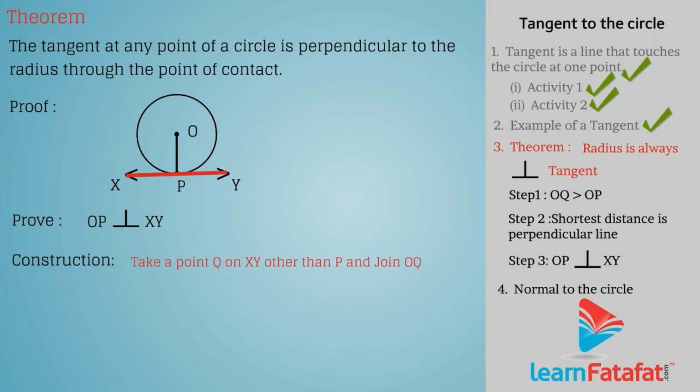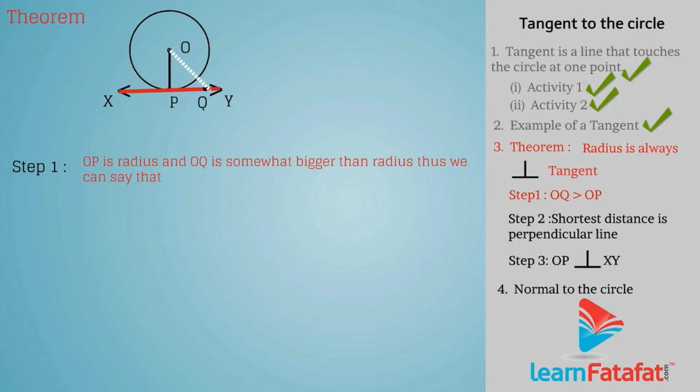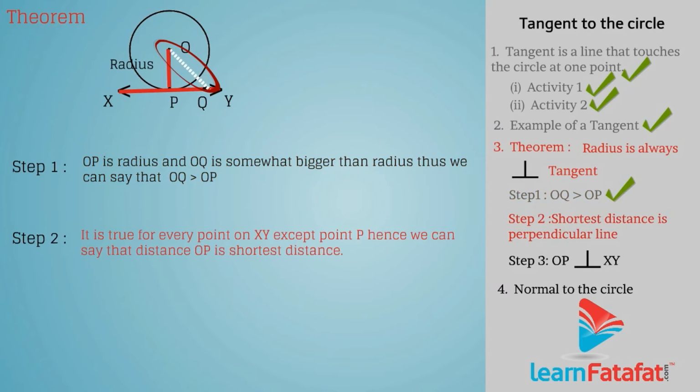Construction. Take a point Q on xy other than P and join OQ. Proof. OP is radius and OQ is somewhat bigger than radius. Thus, we can say that OQ is greater than OP. It is true for every point on xy except point P. Hence, we can say that distance OP is shortest distance.